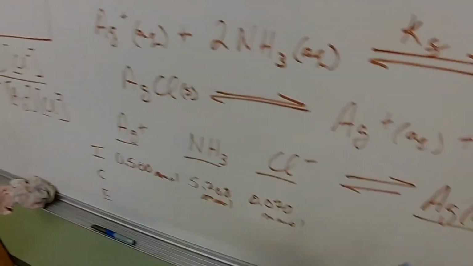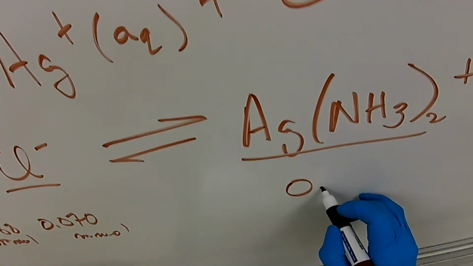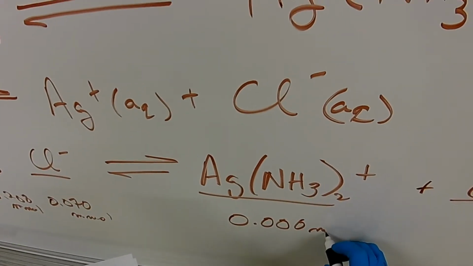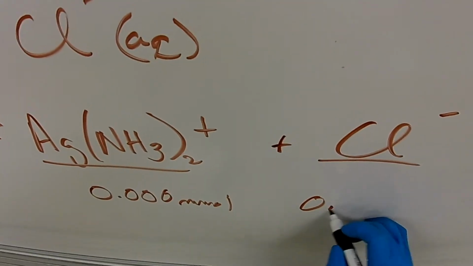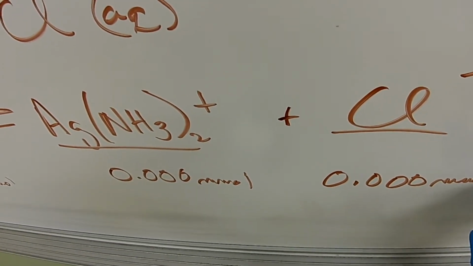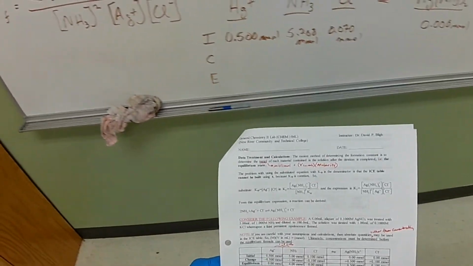Now, what do you have over here when you start with that? Well, like any of our expressions, you start with 0 here, millimoles. And you start with 0 here. All right? Now, what's the change?